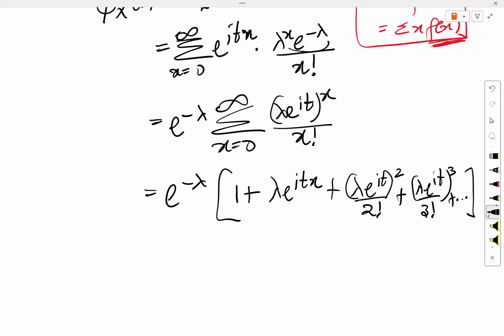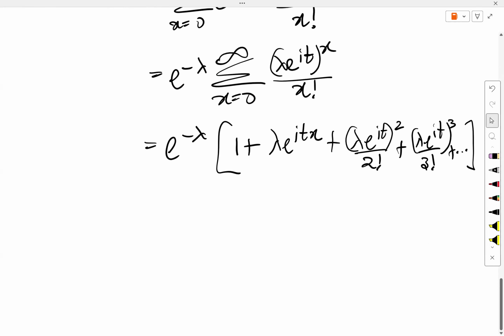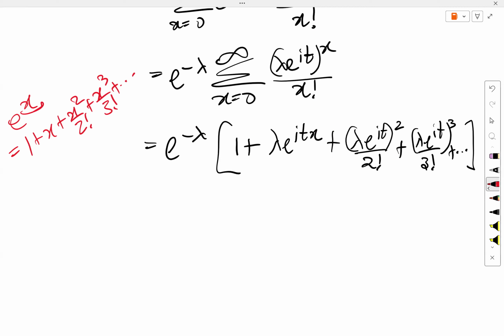So you can see that this looks like, if you remember, e raised to the power x is expressed as 1 plus x plus x squared over 2 factorial plus x cubed over 3 factorial, and so on and so forth. So you see this x is recurring. Here what is recurring is lambda e raised to the power it.